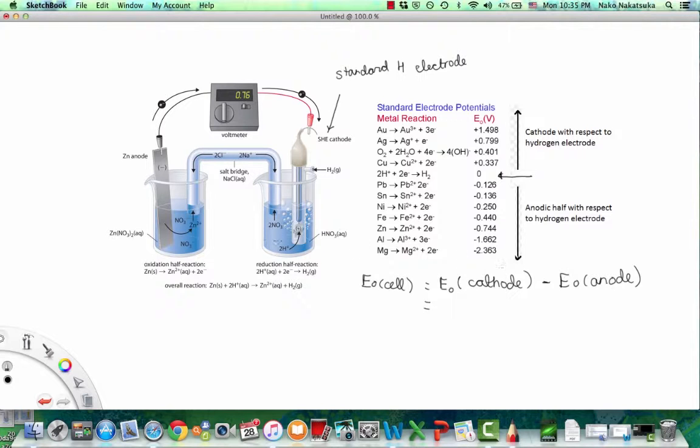Well, for the cathode, we have this zinc reaction, and we can find it right here. So in the zinc reaction, we have zinc going to zinc 2+ plus 2 electrons, and the value is negative 0.744. But since these are reduction potentials, we have to actually flip the sign, since oxidation is going to be the opposite reaction to reduction potentials.